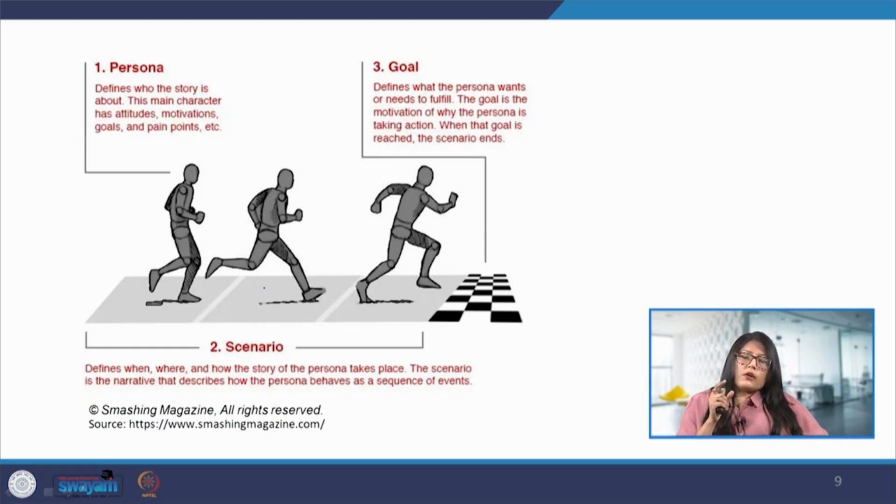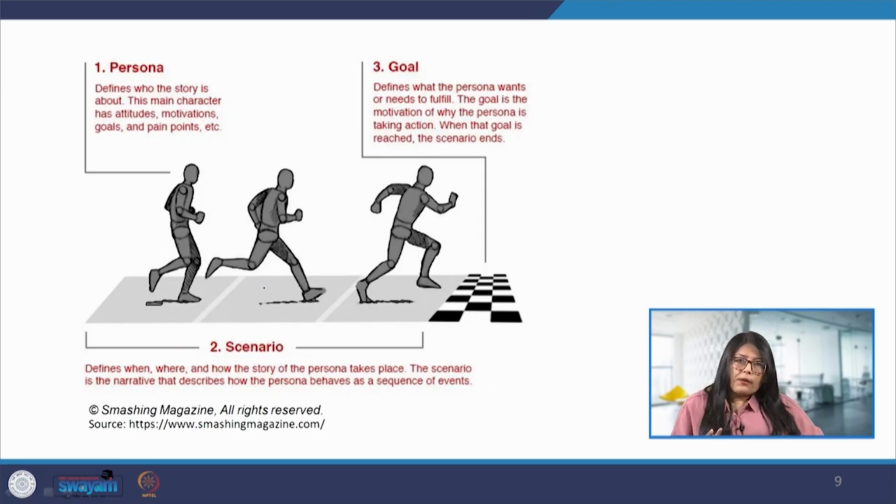Now, based on Ramesh's persona and the scenario, we can identify his user goals. One of the goals can be to track the workouts. Ramesh wants to easily log his workouts, including the time taken in the exercise, the intensity, and other factors. He expects the app to be simple and intuitive, and probably also able to record his workouts.